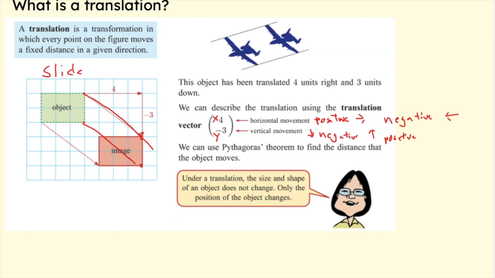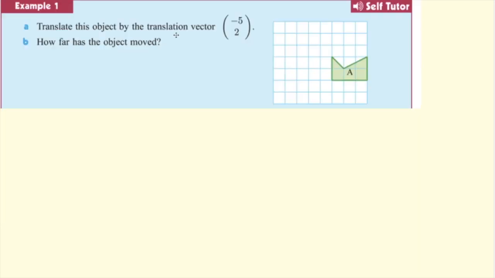If I make this with a line, we can see that each one is the same distance. That's because this is a translation. All the points have been moved the same distance. We can figure this out with Pythagoras' theorem, and we'll do that in a second.